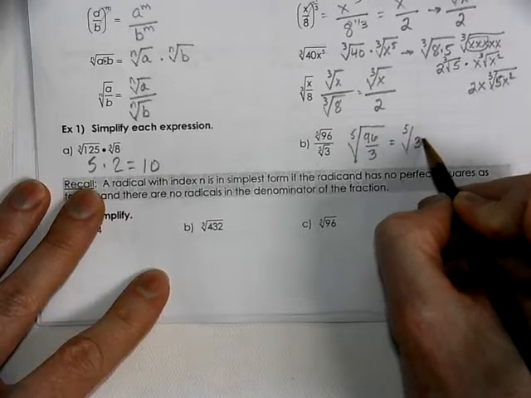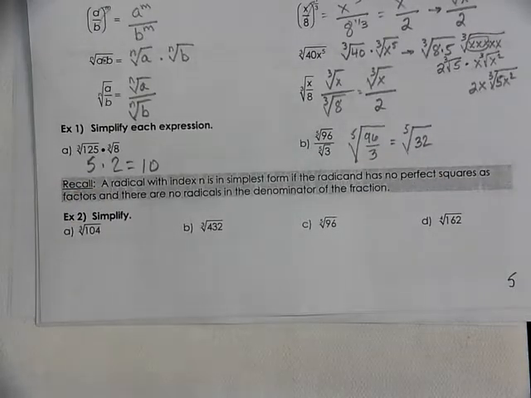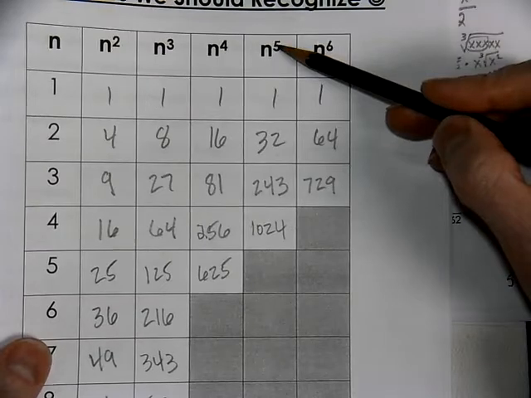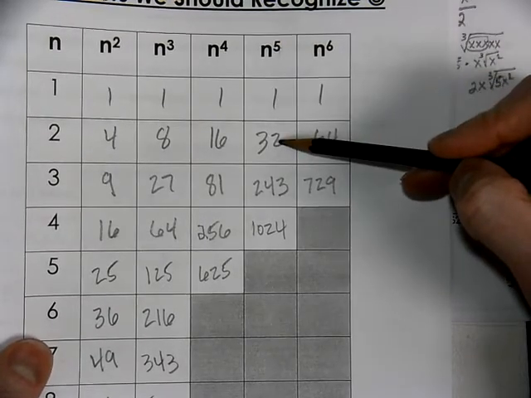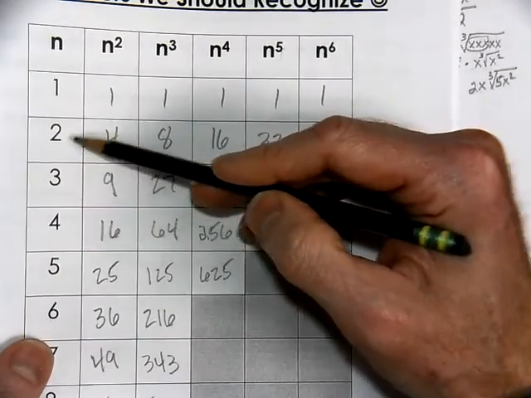That becomes 32. And 2 to the 5th power. If you look at the 5th root, we see we have 32. So the 5th root of 32 is 2.